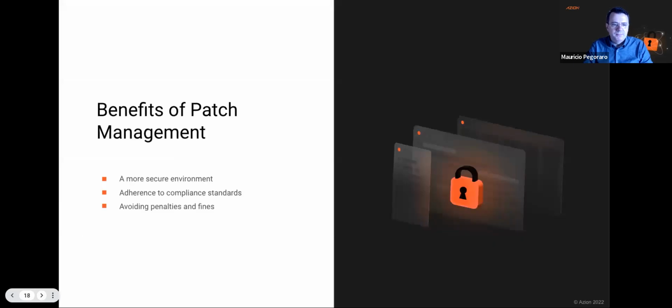Next up, Andrew, please. So in the end, by having a patch management program that's going to run every 30 days, every 60 days, every 90 days, every week, whatever makes sense for the company, you're going to have a more secure environment. We're going to adhere to compliance standards like PCI, for example, that demands that critical and high vulnerabilities are fixed in less than 30 days, right?